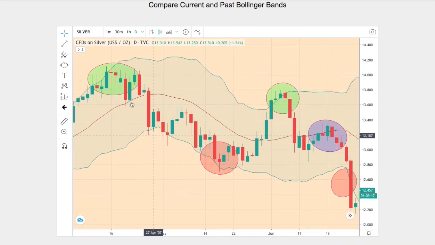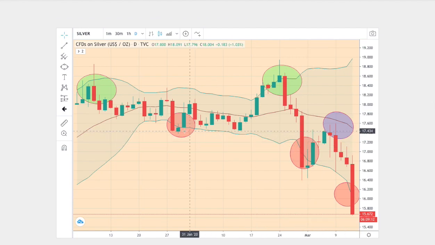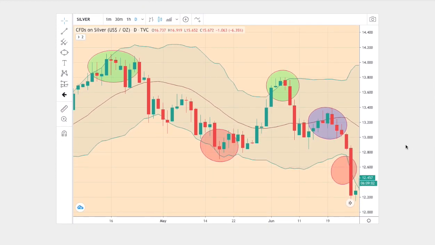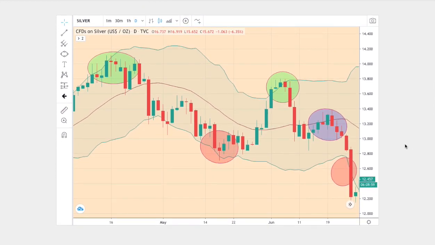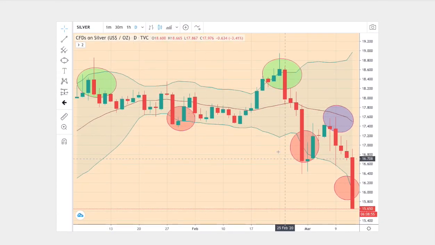We have 5 points, but in this instance we have 3 points where we touch the bottom Bollinger Band. So take note of that. In this trend we have 6 points compared to the 5 points that we just examined. Overall, it's mostly somewhat similar, so do take that into consideration between these two trends.